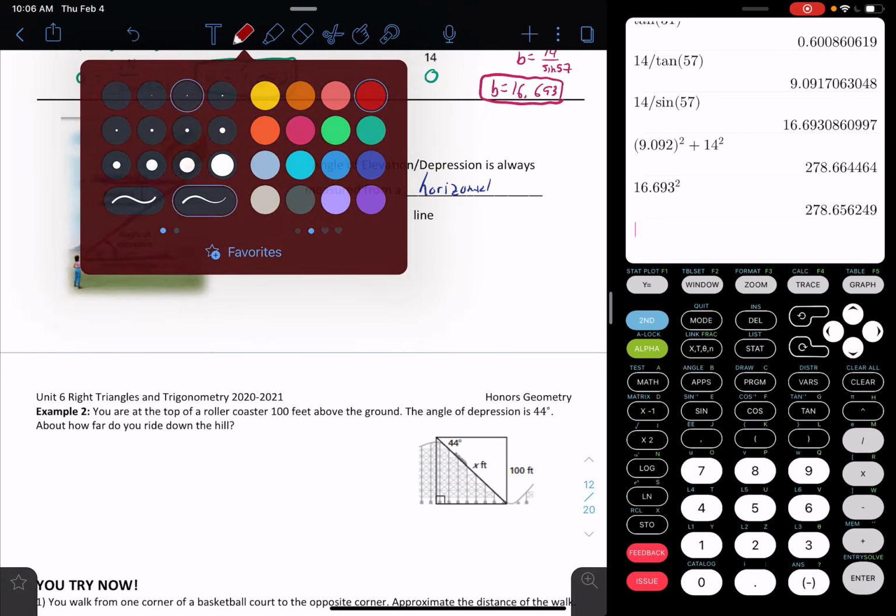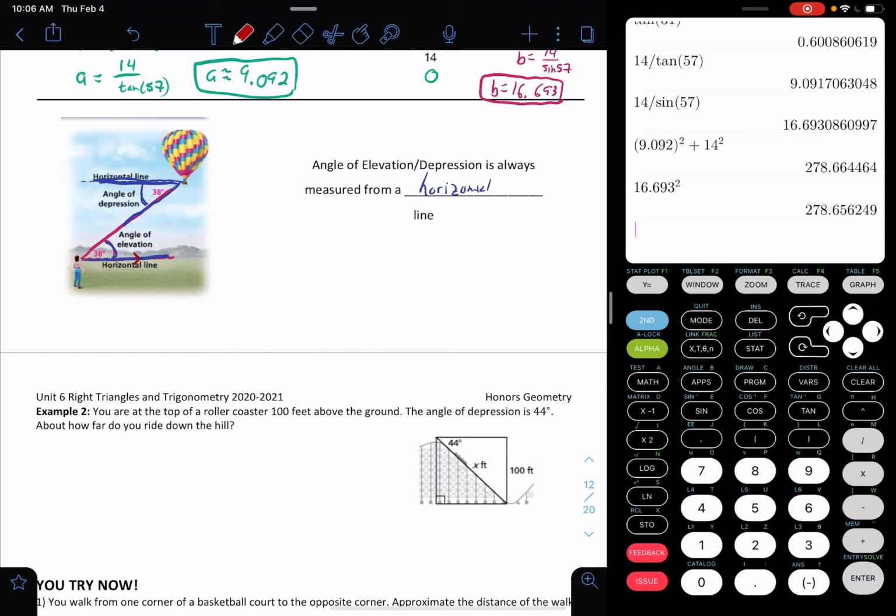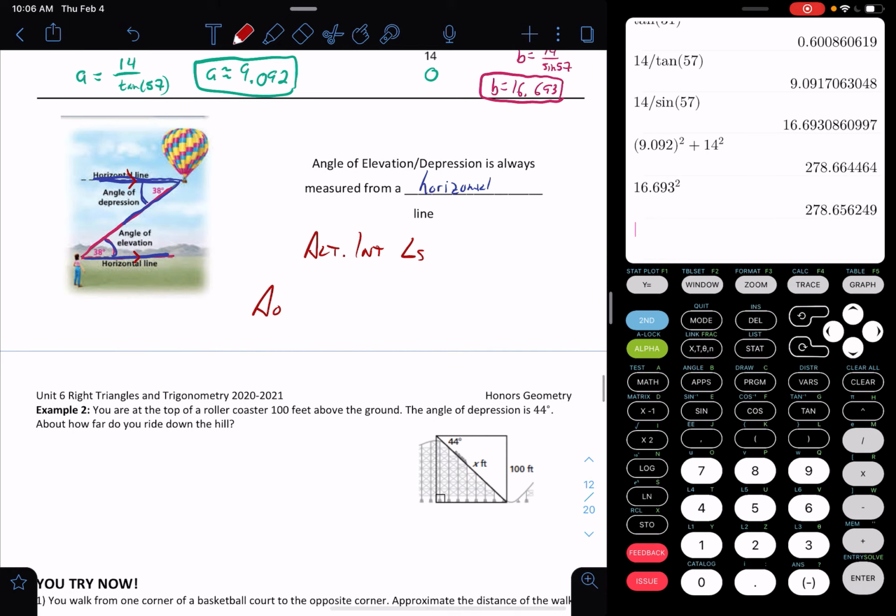Well, this horizontal line here and the horizontal line here are going to be parallel. So these are alternate interior angles. So your angle of elevation is congruent to the angle of depression.